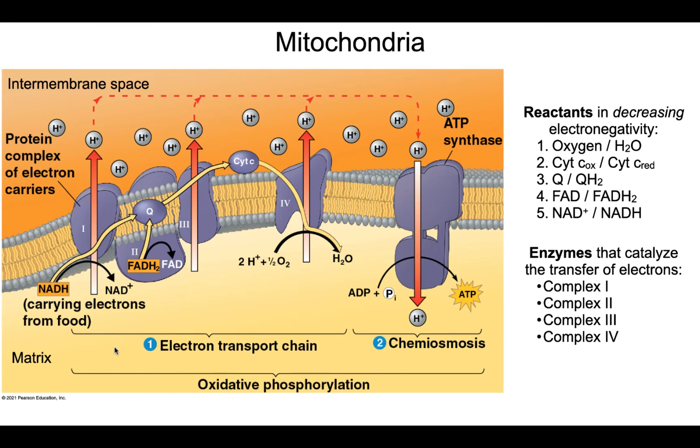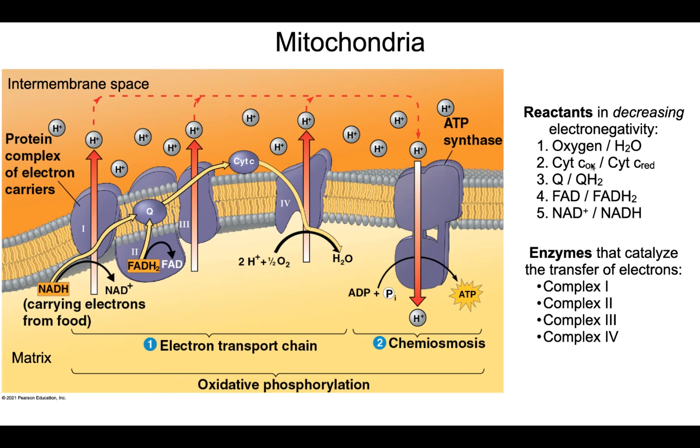And you should identify the reactants of the electron transport chain. I have arranged them for you in decreasing electronegativity, meaning that oxygen here has the highest affinity to electrons and NAD plus has the lowest affinity to electrons.